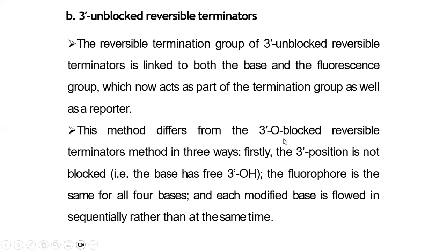This method differs from the 3' O-blocked reversible terminators in three ways. Firstly, the 3' position is not blocked, and the fluorophore for all the four bases is the same type of fluorophore. And here, each modified base is flowed in a sequential fashion rather than at the same time.